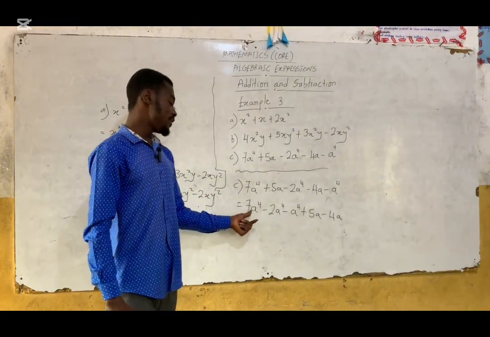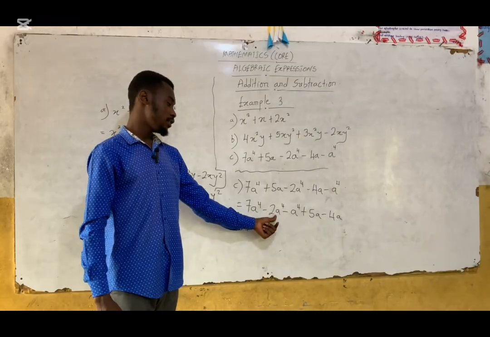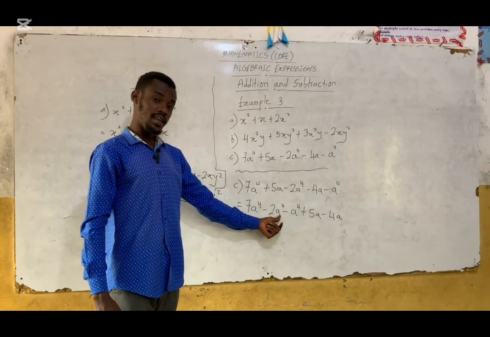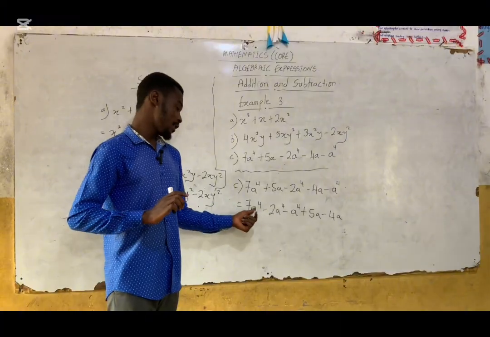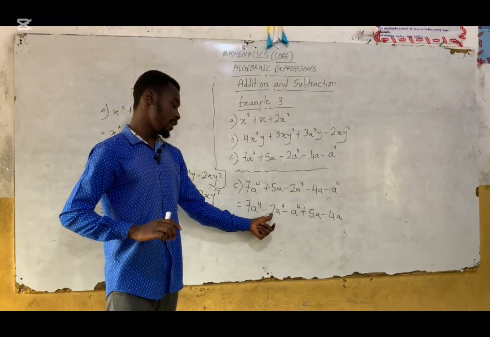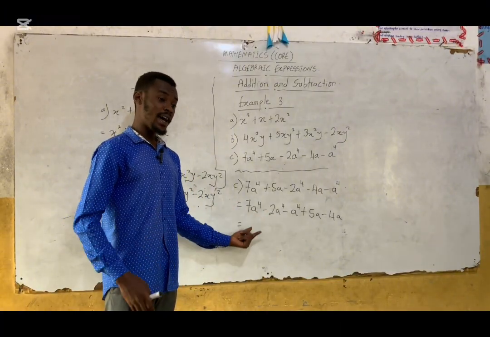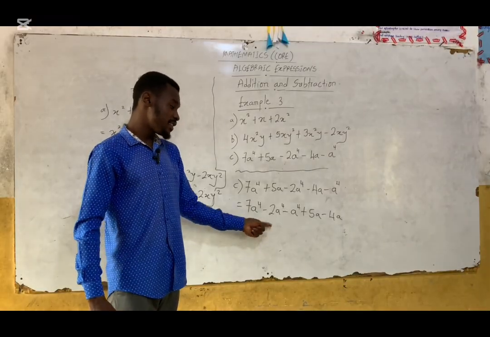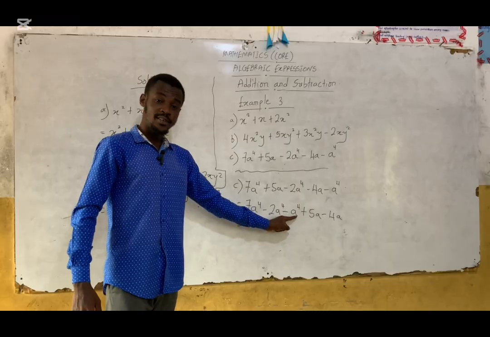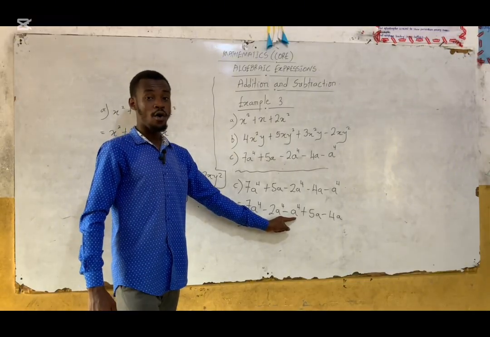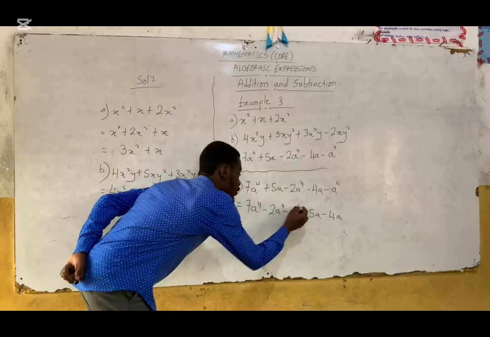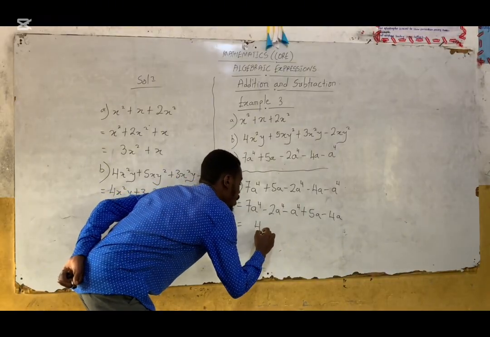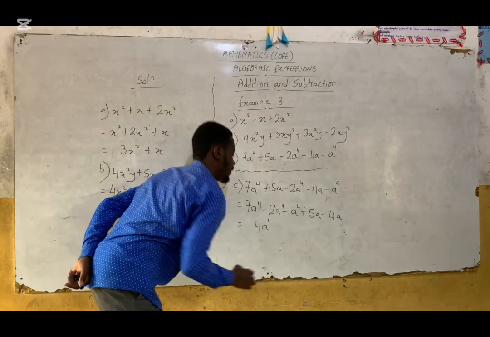So 7 biscuits minus 2 biscuits gives us 5 biscuits. That is 5a exponent 4. Now 5 biscuits minus 1 biscuit gives us 4 biscuits. So the answer for everything here is 4a exponent 4.